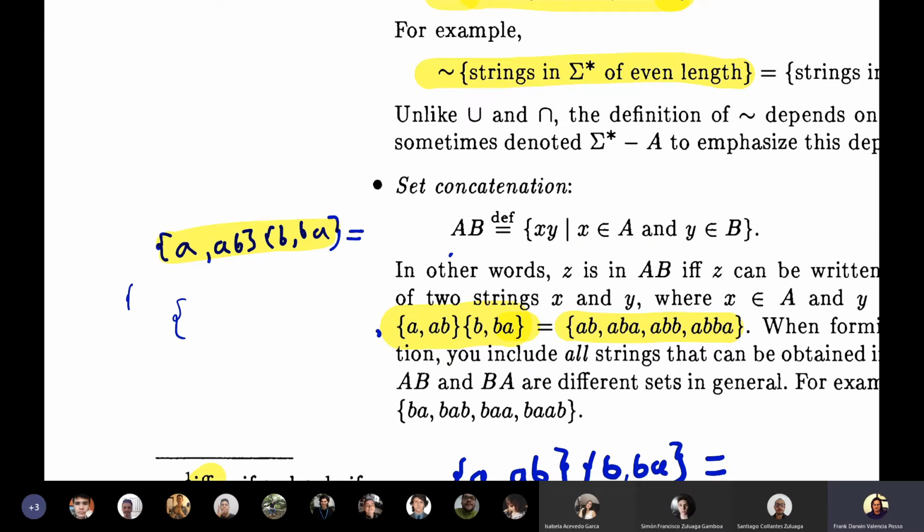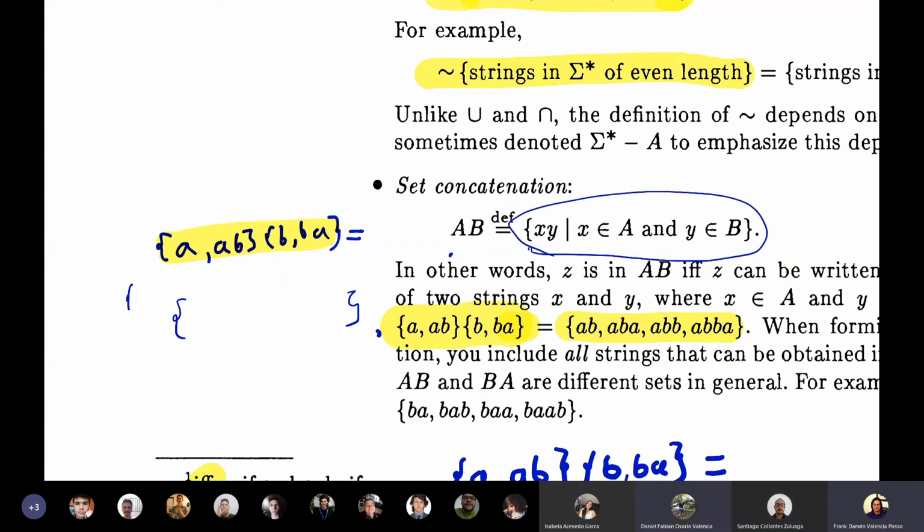Someone else? Is it like a distributive property, more or less? Look, this is the definition, but I'm asking what set results if you concatenate these two sets. You see, this is a set. So what will be the set?